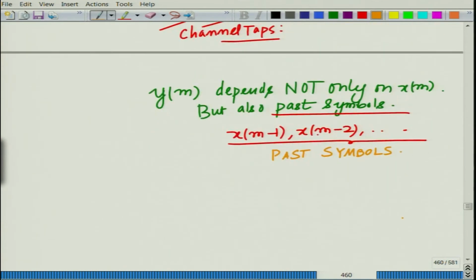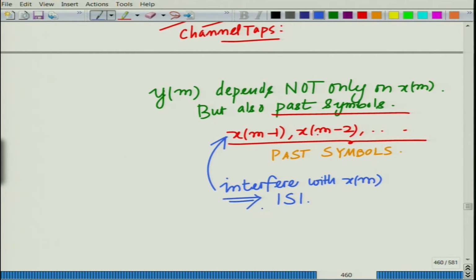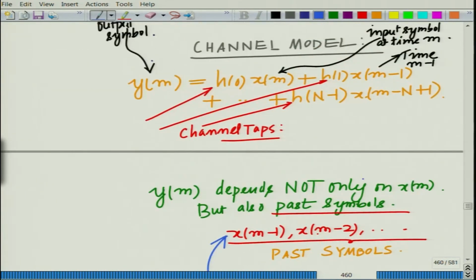Which means these interfere with x m, and this is precisely ISI, and this is essentially a model for your ISI channel, right. So, this is precisely what we are calling the ISI channel. This is the channel which has inter-symbol interference: y m depends on x m and there is interference from x m minus 1 and so on.